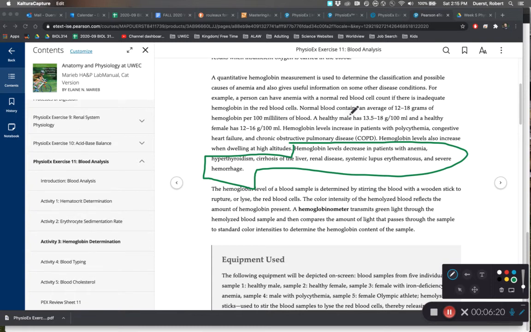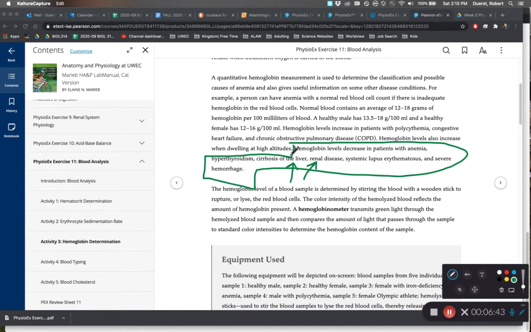And in all of these situations, these individuals either don't have enough supplies to make the hemoglobin, so if they don't have enough iron, for example, if they have iron deficient anemia, or they don't have the ability to make the needed things. So for instance, the liver makes many blood proteins. The kidneys also are going to help regulate blood production.